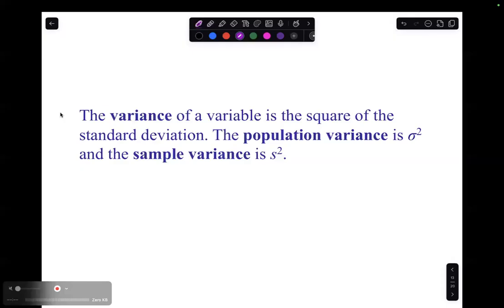You will have some questions in your homework that ask you for it, but I've never applied it to anything, and I've never been asked to apply it to anything. But you will be asked what's the variance, and you will just square the standard deviation. And there you go. There's that exciting piece of information, and we're all better for knowing it.